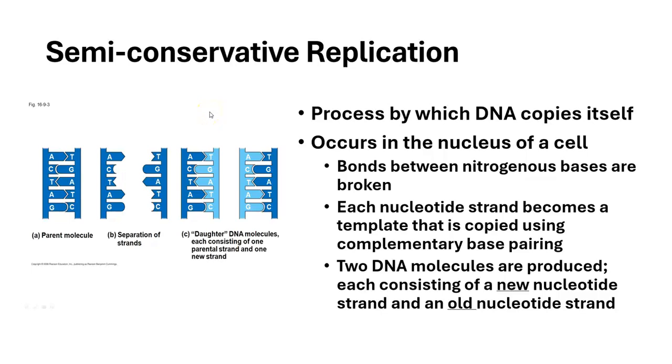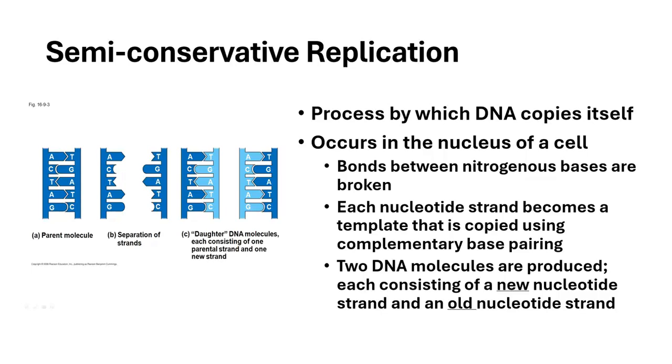So DNA replication, or copying the DNA molecule, the process by which this happens is what we call semi-conservative replication. Semi, you think of half, and conservative is we're conserving something.